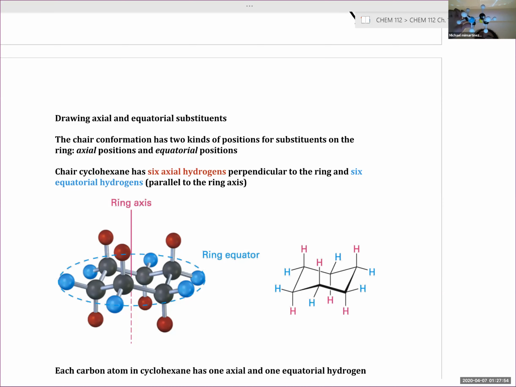Does everyone see the carbons pointing up and down relative to our carbon plane? Does everyone see these hydrogens up here and these hydrogens down here?